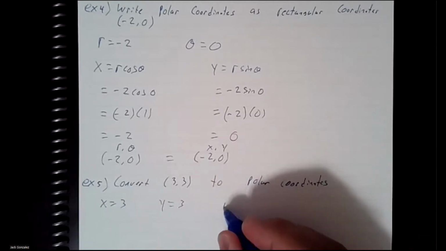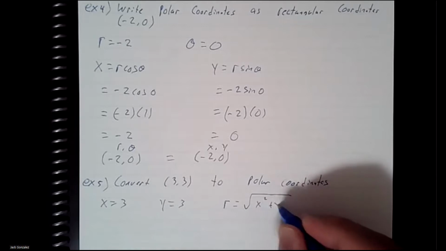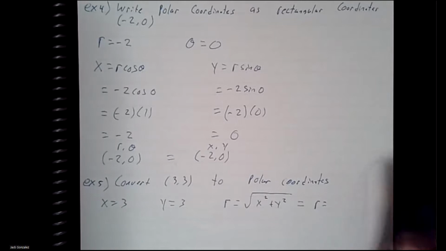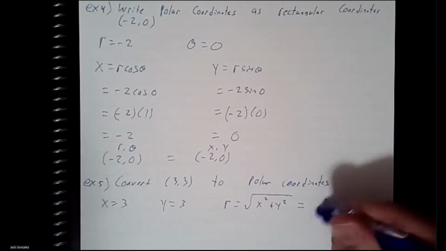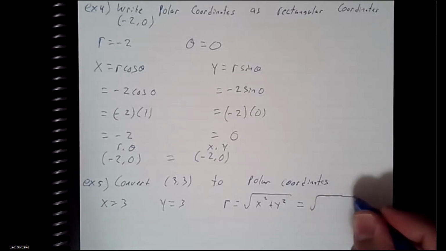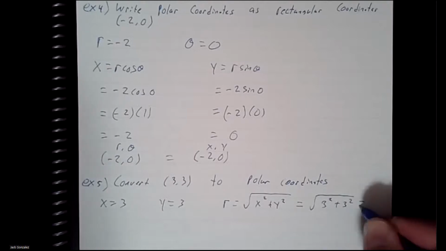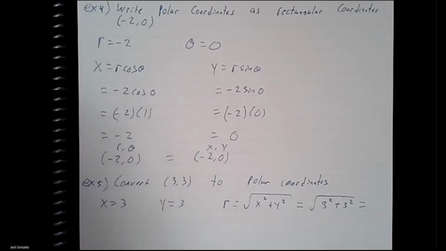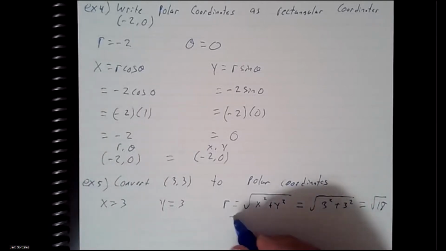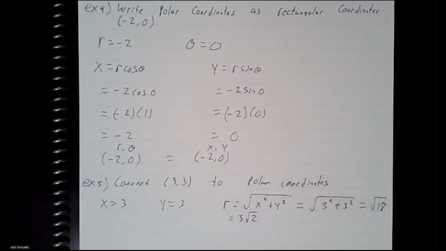Remember that r is equal to the square root of x squared plus y squared, which would give us the square root of 3 squared plus 3 squared, which is square root of 18. So r would be 3 square root 2 once you reduce it.